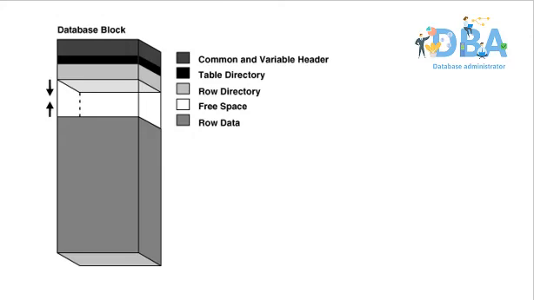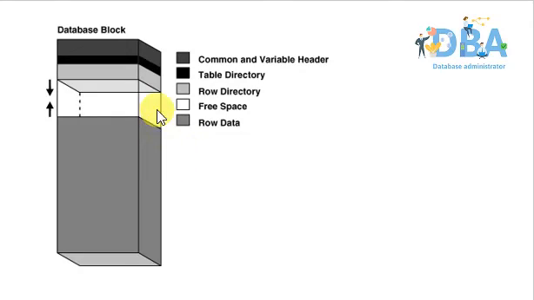The next is the table directory, which contains information about the tables having rows in the block. Then there is the row directory, which contains information about the actual rows in the block. It contains the address of each row piece in the row data area.